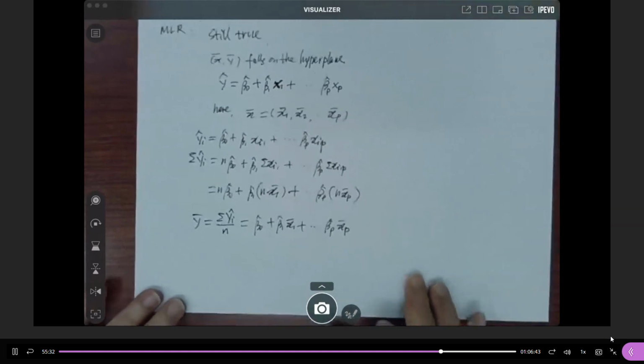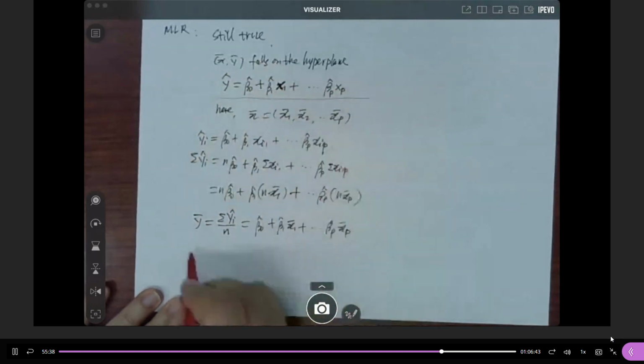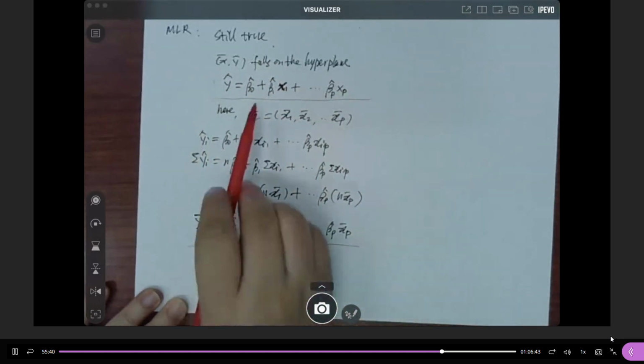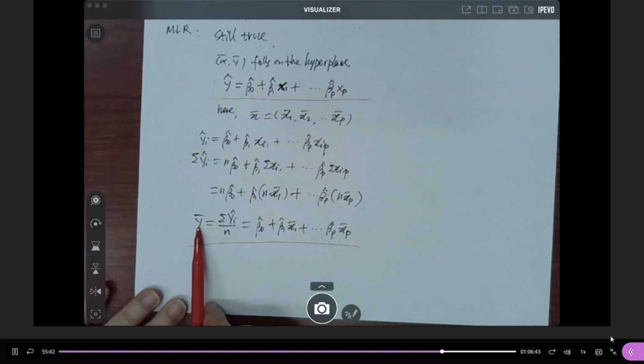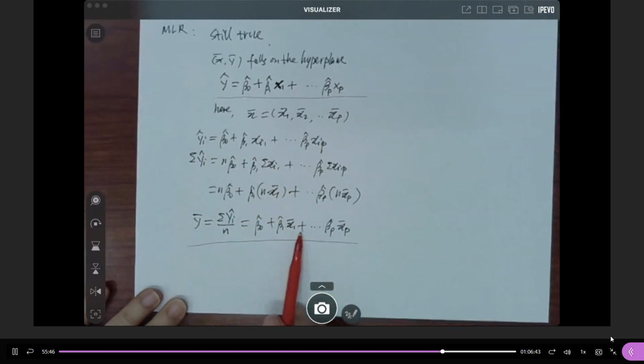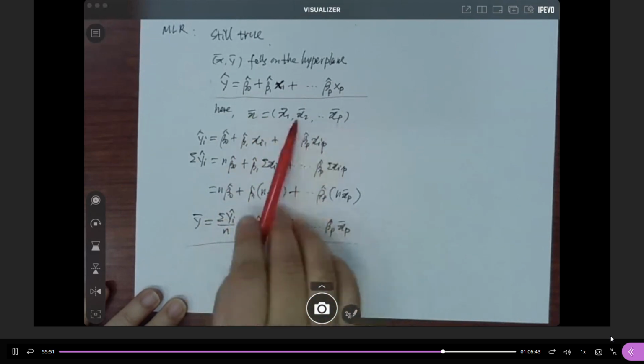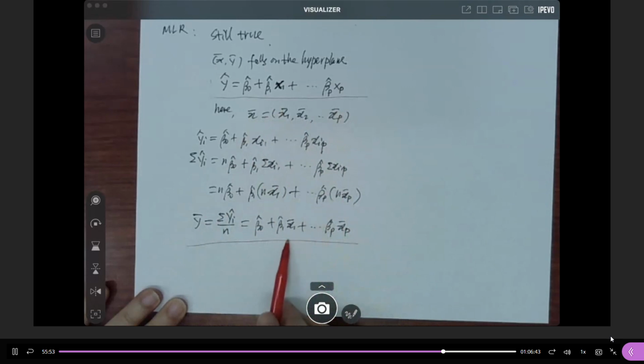Now you see here whether this x bar, y bar falls on the hyperplane. You plug in the formula right here to check whether this satisfies this equation. You plug in y bar for y hat, plug in all the x bar, because x bar is a combination of all the x1 bar to xp bar.